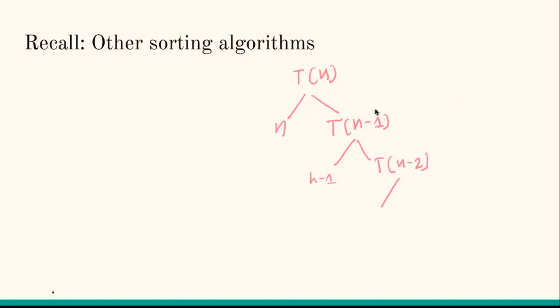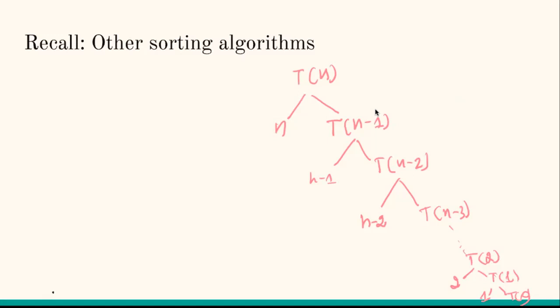Split it at cost n minus 2, and have a subproblem of size n minus 3. It will do so until we have T of 2, subproblem of size 2, then T of 1, and then T of 0. Is this tree clear for everybody?